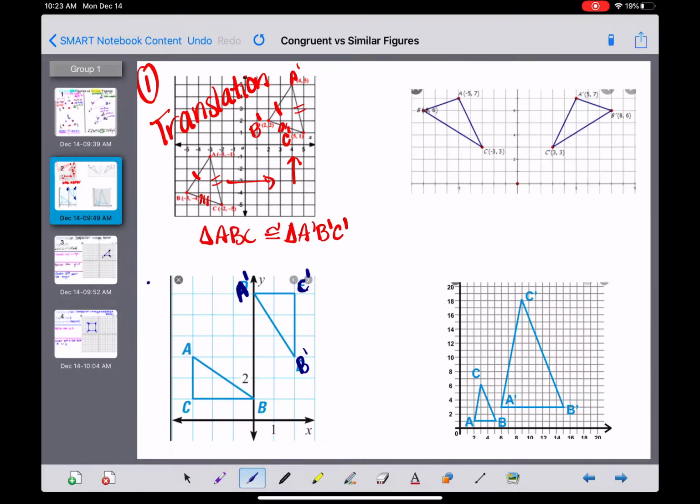Example 2 is of a rotation. So triangle ABC rotated 90 degrees clockwise. The size of the triangle did not change. It remained in shape. Therefore, a rotation also shows congruency, and we can say triangle ABC is congruent to triangle A prime, B prime, C prime.